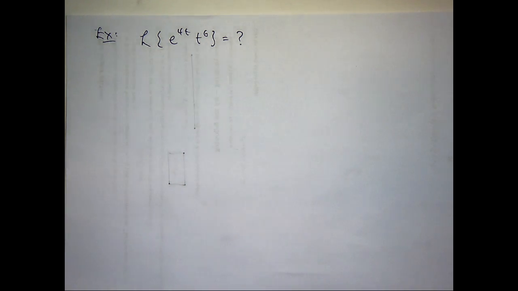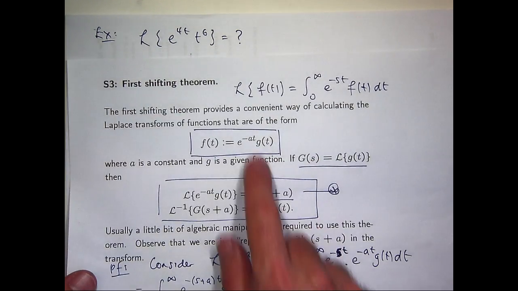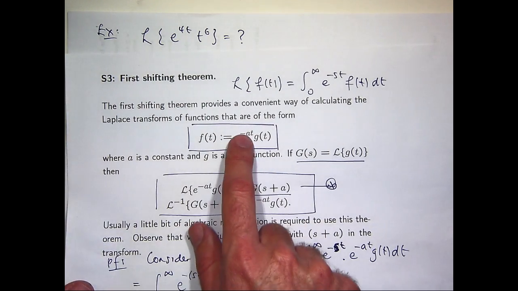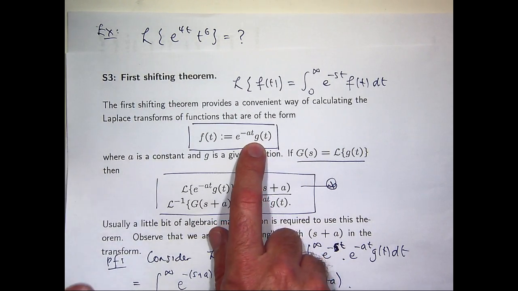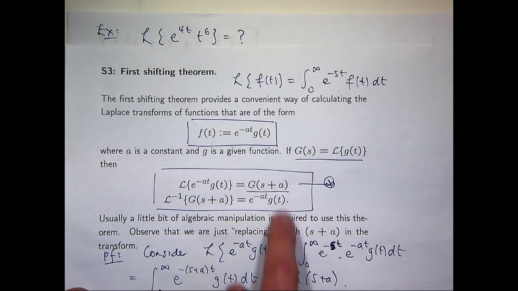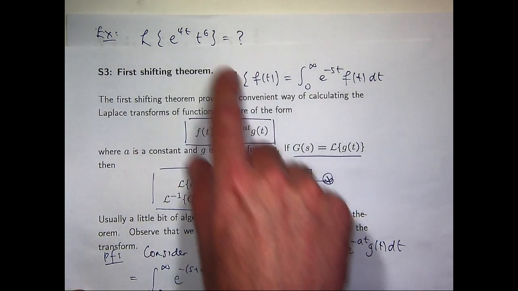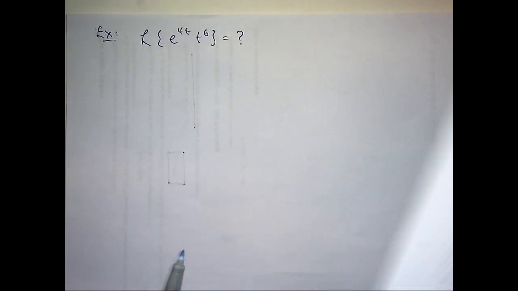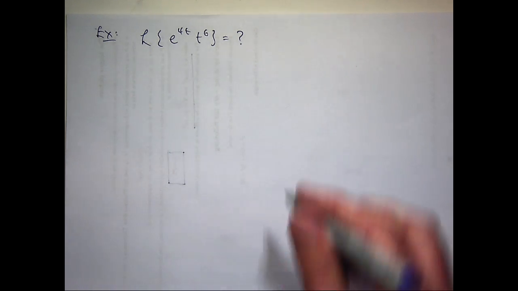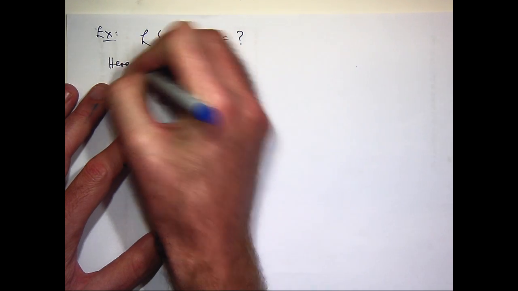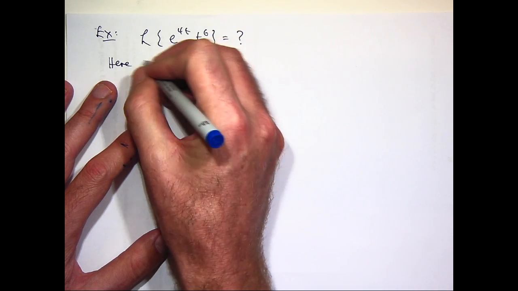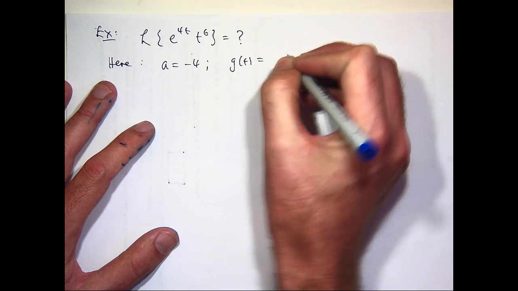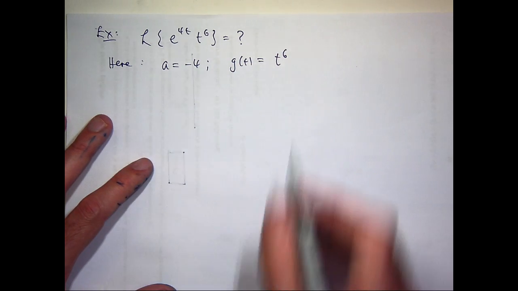Okay, well, the first thing we realise is that this is actually in this form with the constant a equal to minus 4 in this case, and little g of t is t to the power 6. So what we're going to do is calculate the Laplace transform of little g of t and then shift it a units. So we're using star here. So a would be minus 4, little g of t would be t to the power 6.